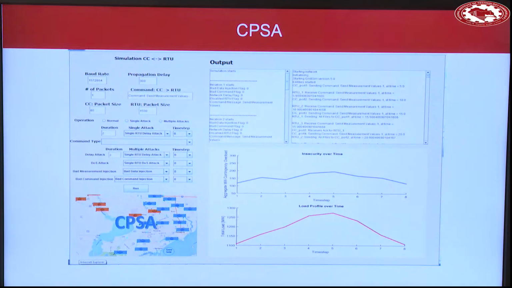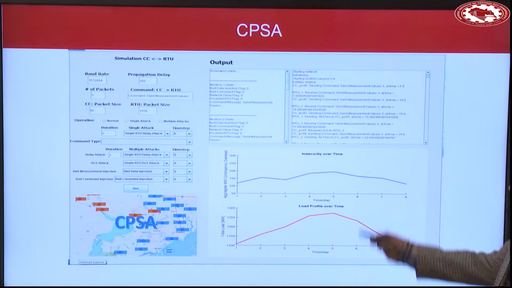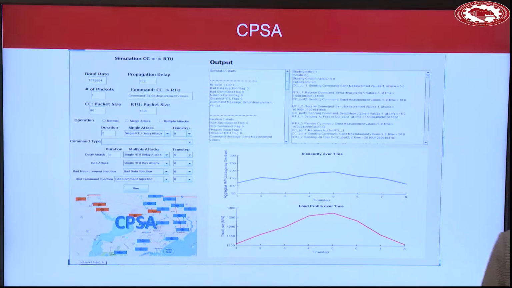So this is how the interface that we created looks. It's a simulation environment between the control center and RTUs, which are at the substation. What is the baud rate? What is the propagation delay within the network? Number of packets that we have sent, and what kind of packet it is.